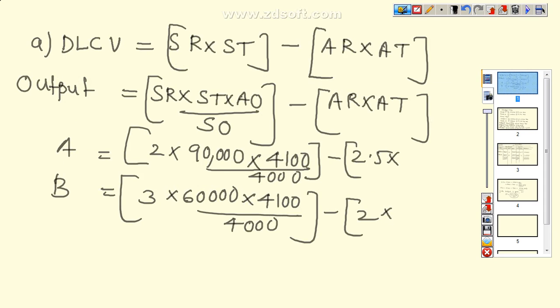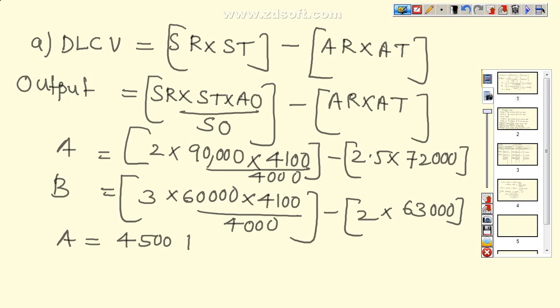So here we write 72,000 and 63,000. So the answer for A grade worker, after calculating this, is 4,500 favorable. If the answer is positive, there we have to write favorable. If the answer is negative, there we have to write unfavorable.